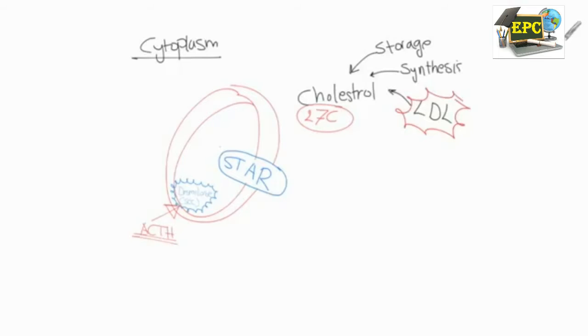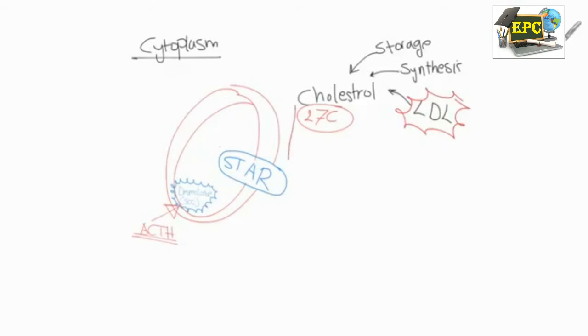So once we get our cholesterol, we need to mobilize it from the cytoplasm into the mitochondria. In order to do this, we need to use a specific transporter that is called STAR. STAR is basically an abbreviation for steroidogenic acute regulatory protein. It is a long name, but it is easier to memorize as STAR.